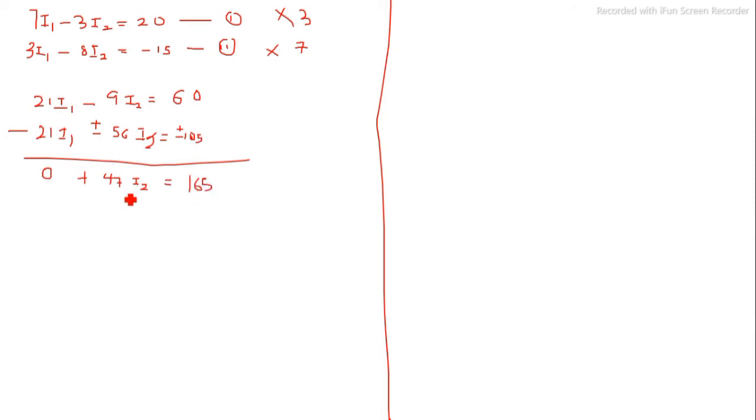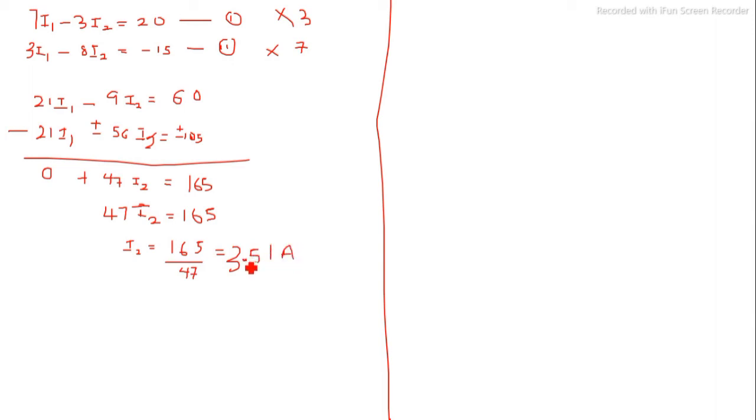So I'm going to have 0 plus 47 I2, that's 47 I2, equals 165. So your I2 equals 165 divided by 47, that's 3.51 ampere. So that's our I2.